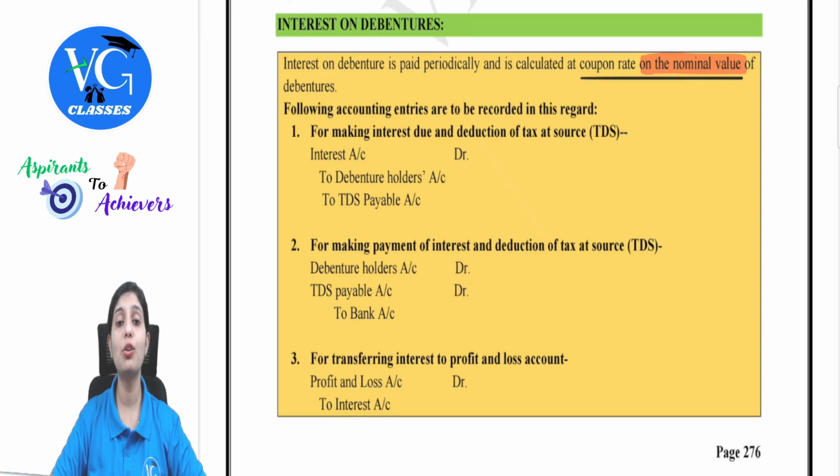Now here there will also be a concept of TDS to be understood, wherein the government prescribes that as a company it is an expense for you, but think from the debenture holder's point of view, it is an income for debenture holder. Now, what happens here is, obviously, when there is an income, tax has to be paid on the income earned.